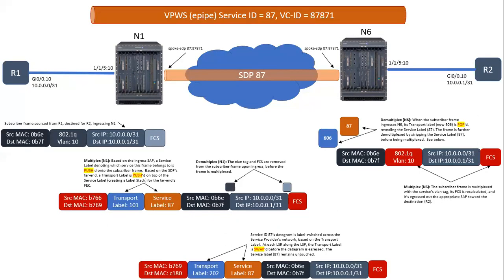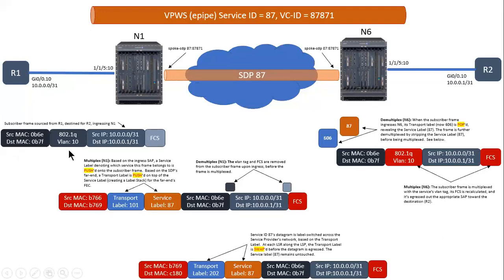So first we're going to just walk through the traffic progression here, and then we'll get to the spoke SDP and whatnot. But let's say on the customer's site in Los Angeles, they have the IP address 10.0.0.0/31, and their site in New York is on the other end of that point-to-point network with the .1 address.